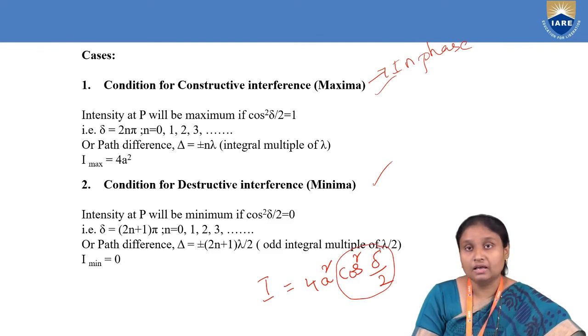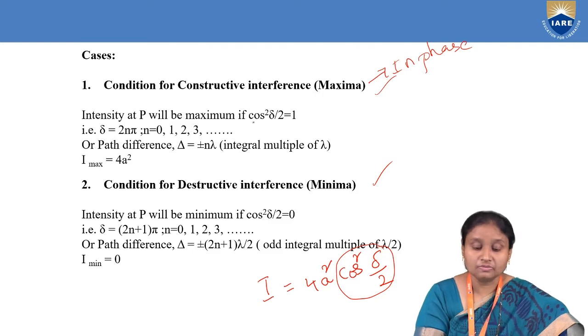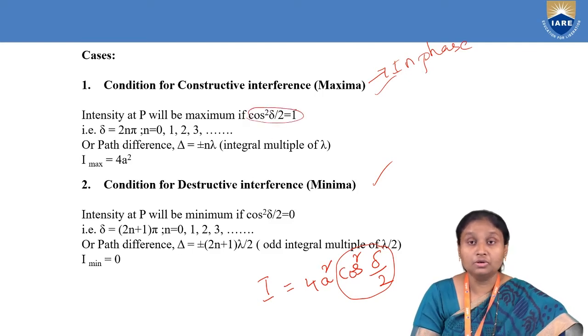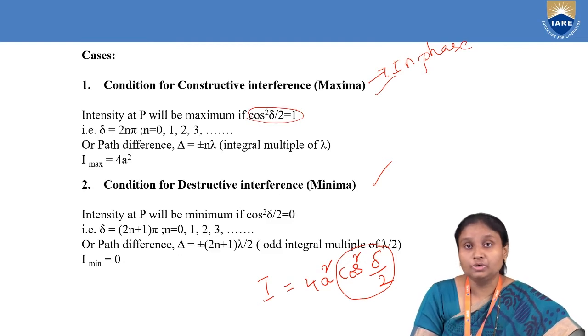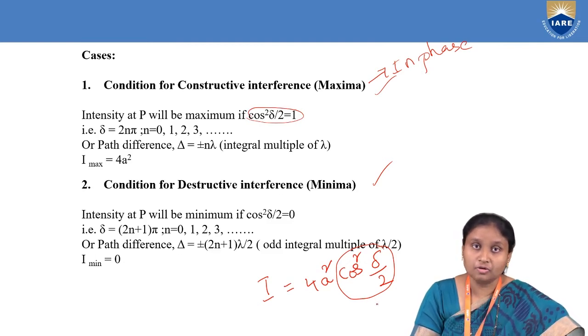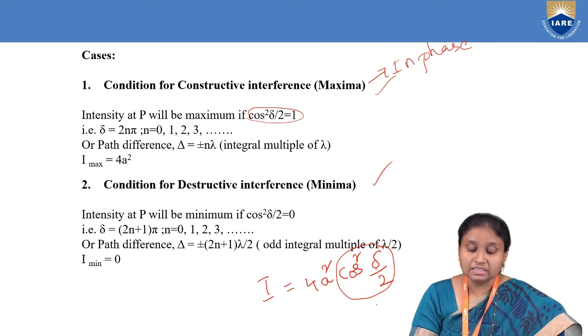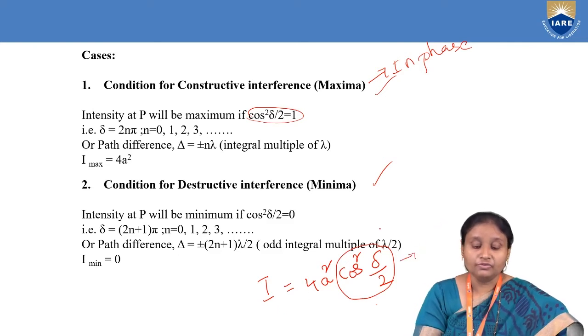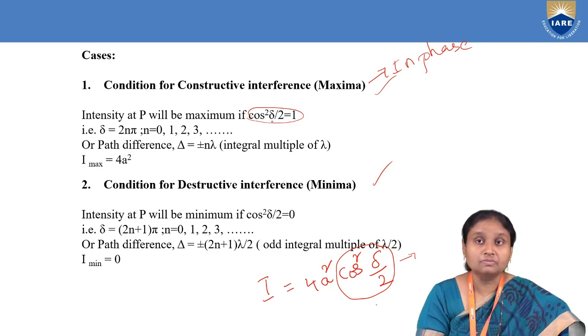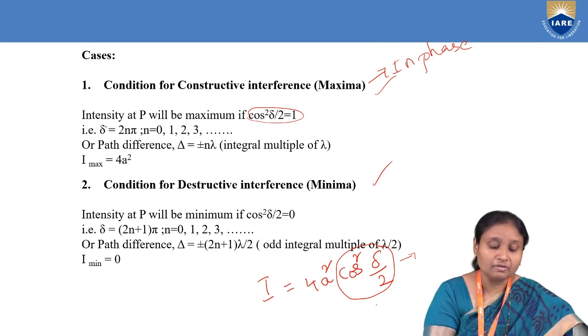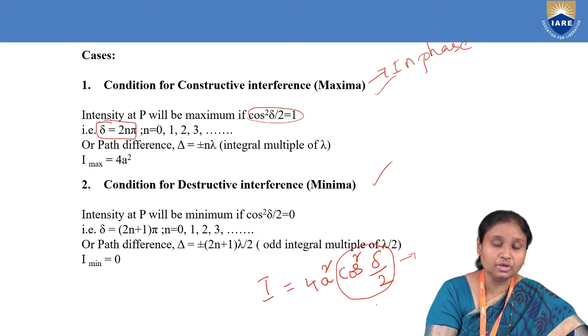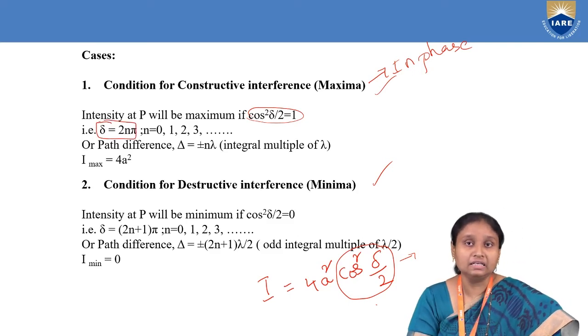So I have to take cos square delta by 2 to be 1 in order to make the intensity at point P maximum. For which values of delta will cos square delta by 2 be 1? For delta equal to 2n pi, where n is an integer.